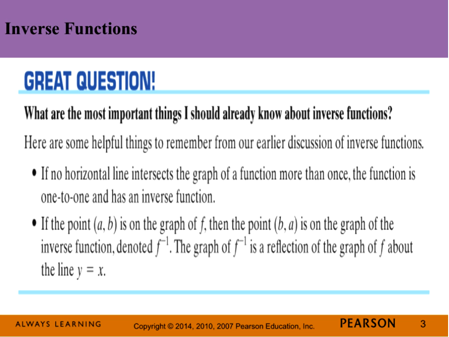Okay, so this first slide here is that memory jogger that I was telling you about, having to do with inverse functions in general. So you should remember the horizontal line test, and the horizontal line test tells us that if a horizontal line intersects the graph of a function no more than once, then that function is 1-to-1, and it has an inverse function.